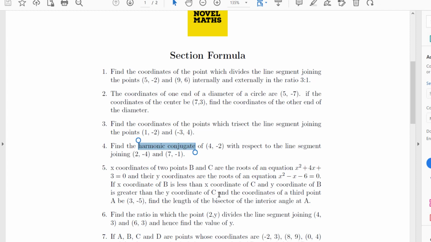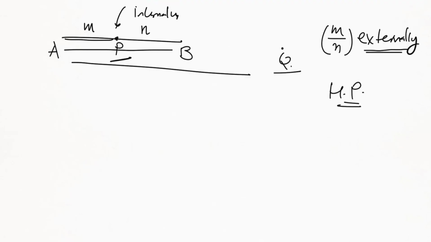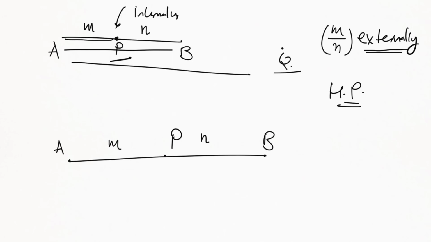Find the harmonic conjugate of 4, -2 with respect to this line segment. There is one more important trick before solving this. Let's say you have to find the ratio m over n in which any point divides a line segment. There is a shortcut. You can use lambda is to 1 ratio also, because dealing with one variable is easy compared to two variables.